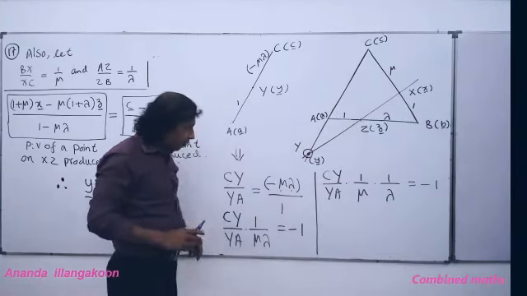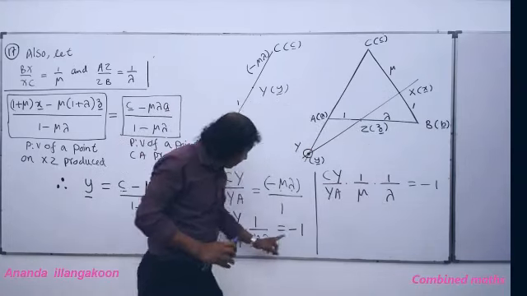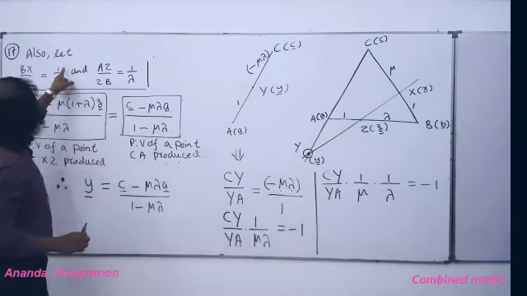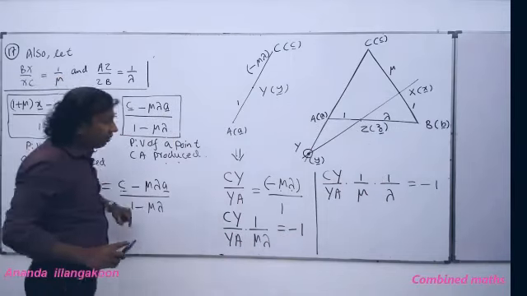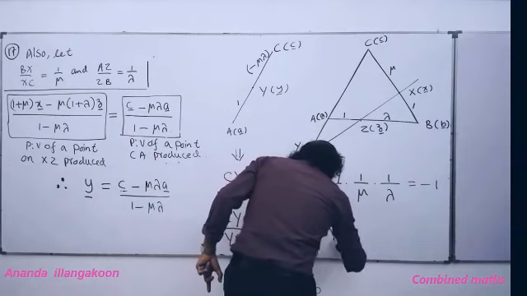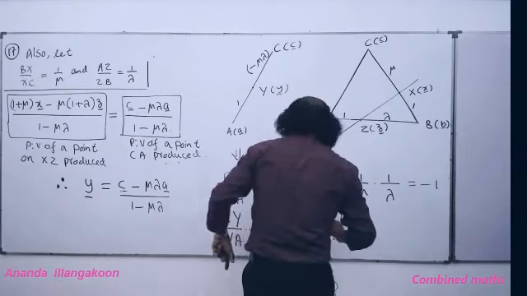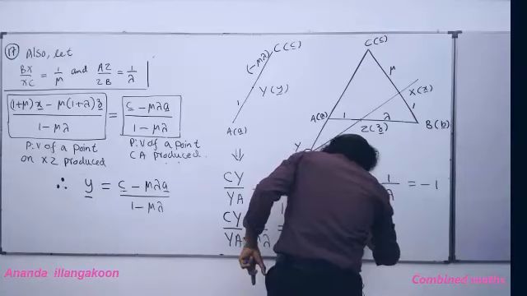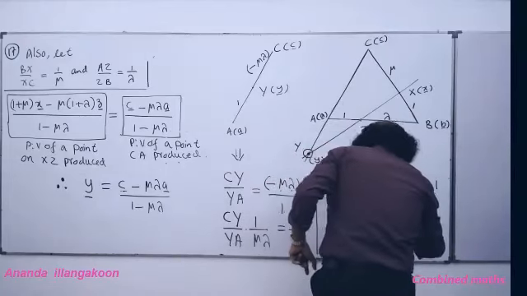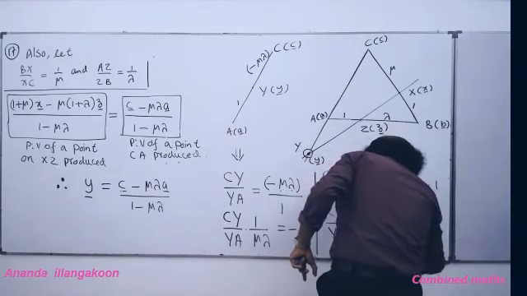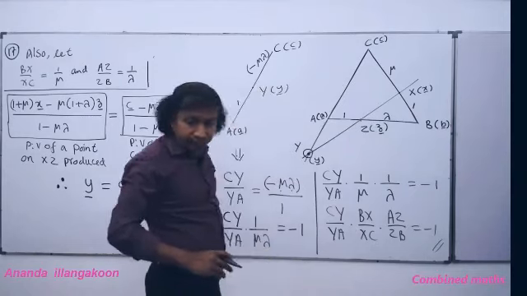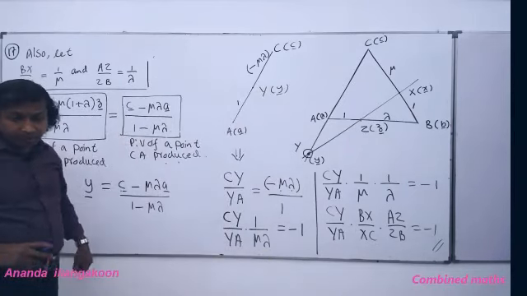Correct, no, people? When you multiply these two, really this is coming. What is 1 upon mu? 1 upon mu means BX upon XC. Put that there. CY YA into 1 upon mu means BX upon XC. What is 1 upon lambda? AZ upon ZB is equal to minus 1. See whether we get the answer. I mean, no, people, we get the answer.